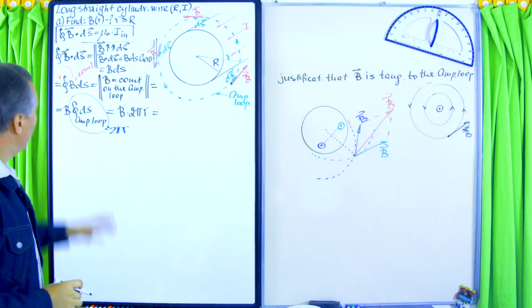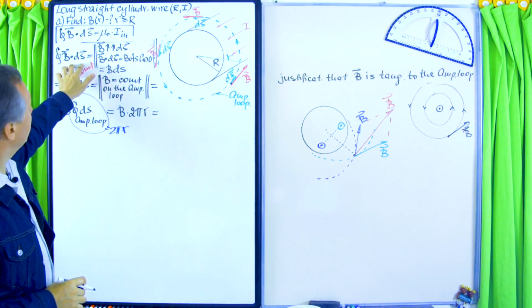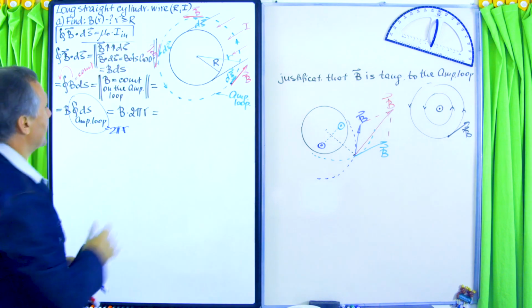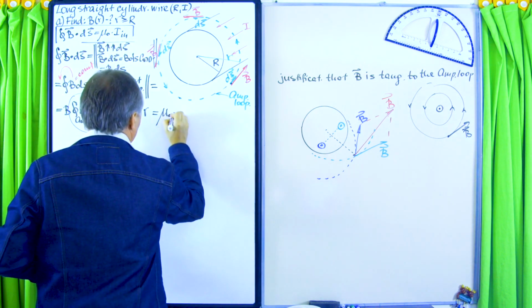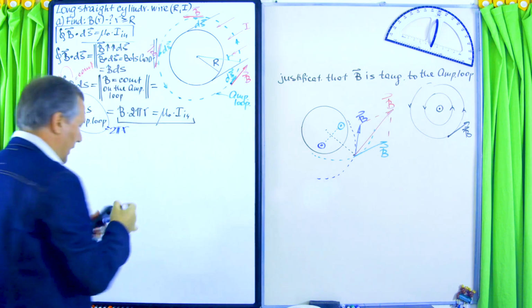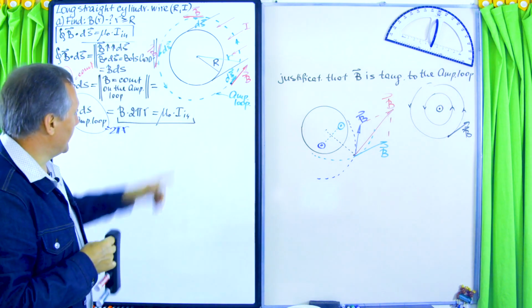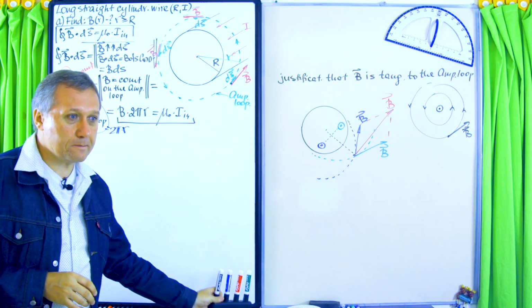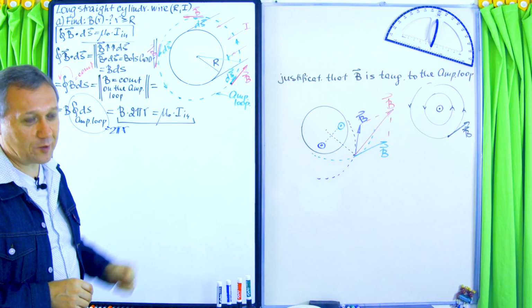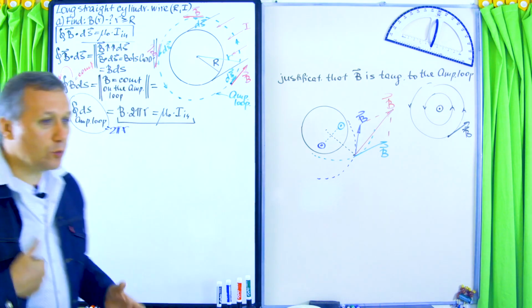So we finished evaluating this integral, and now, according to Ampere's law, it must be equal to mu naught times I enclosed. So now that's what we have, and after the break, we will see what is I enclosed.